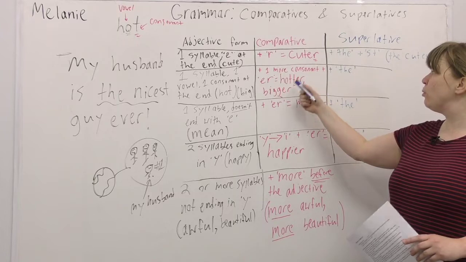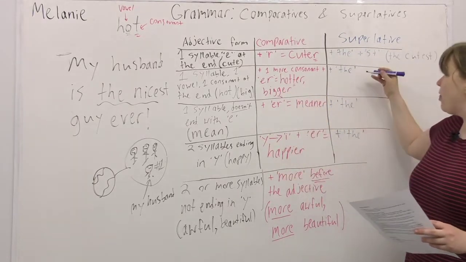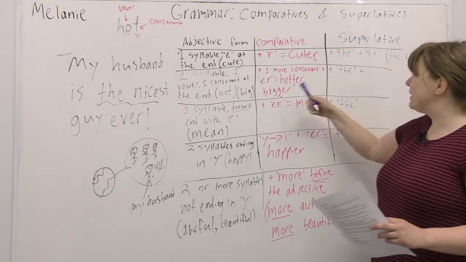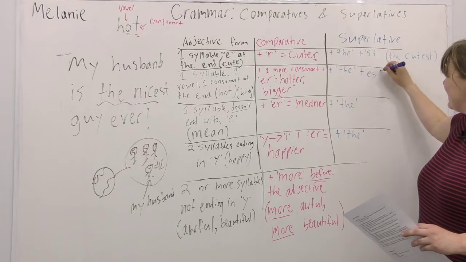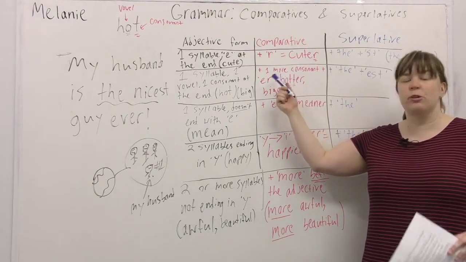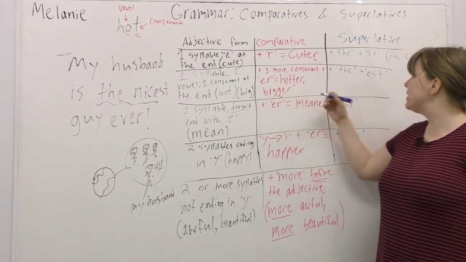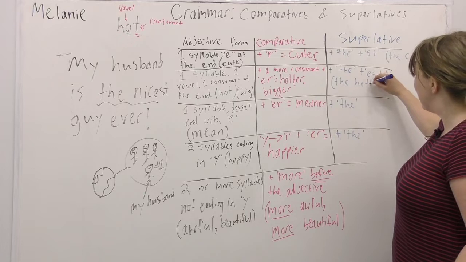Now, one more consonant, ER, hotter, bigger. So the plus EST. And we keep the same rule where we add one more consonant. So for example, we're going to say the hottest.